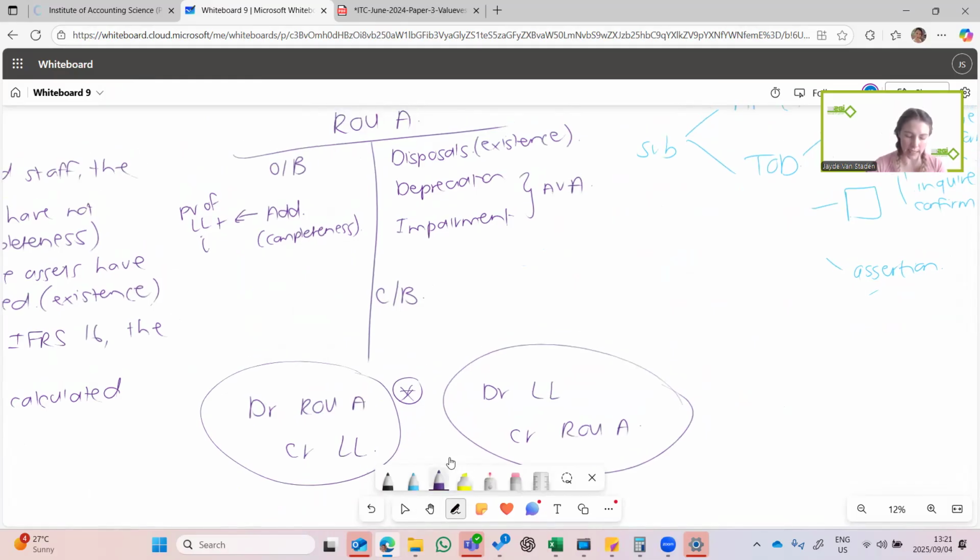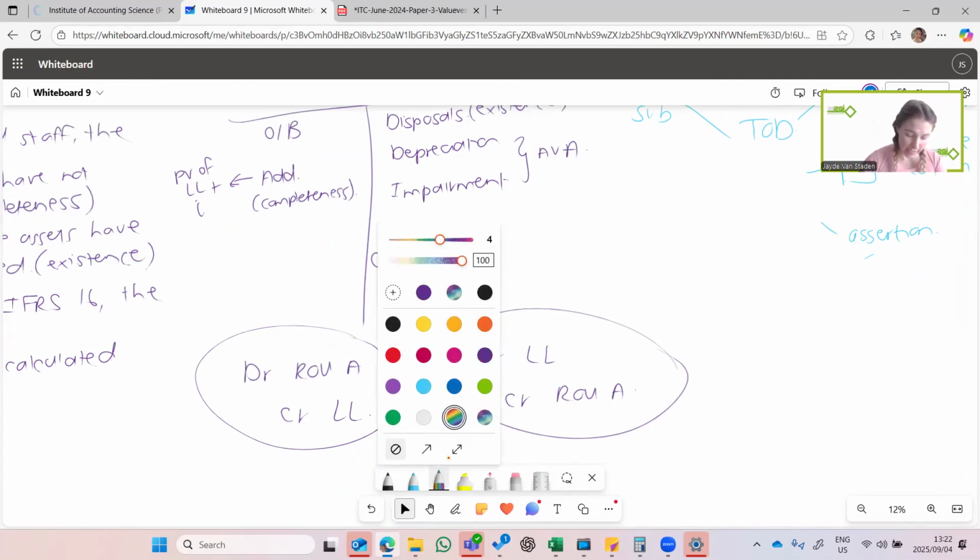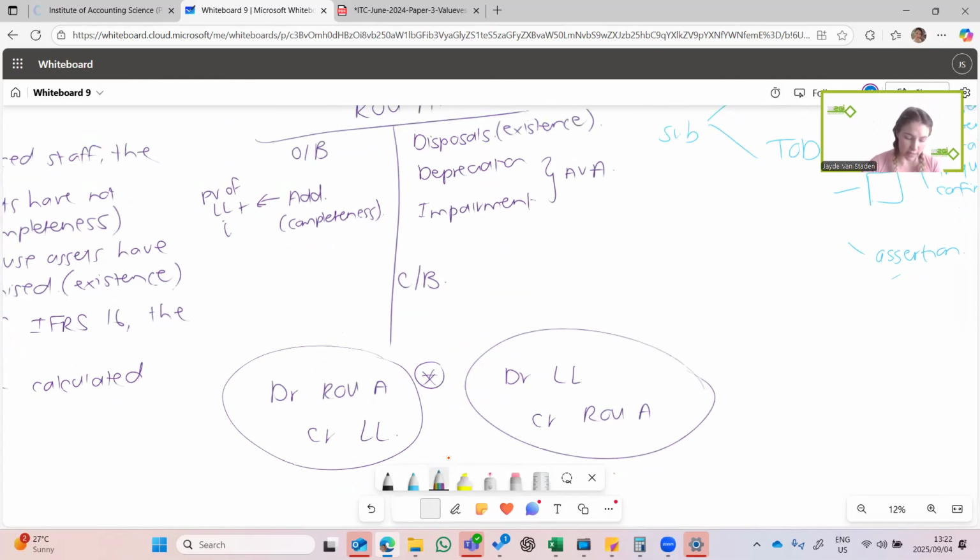So let's think about our substantives. So for each item in the T account, because we are not limited to specific assertions, and that's really, really important. They just said to verify the right of use assets. They're not limiting you to certain assertions only. They're saying go wild, but do not address anything to do with presentation and disclosure. So now we want to think to ourselves, where can I get evidence for each of these things?